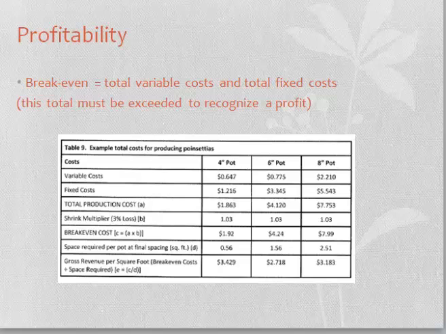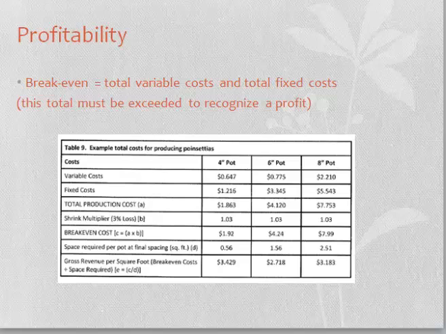And so if you look at the example on table 9, you'll see the variable cost for 4, 6, and 8 inch pots. You'll see the fixed cost, and that will give you your total production cost. What did it cost to produce that plant? Of course, we mentioned you want to include your shrink multiplier to account for those plants you might lose.